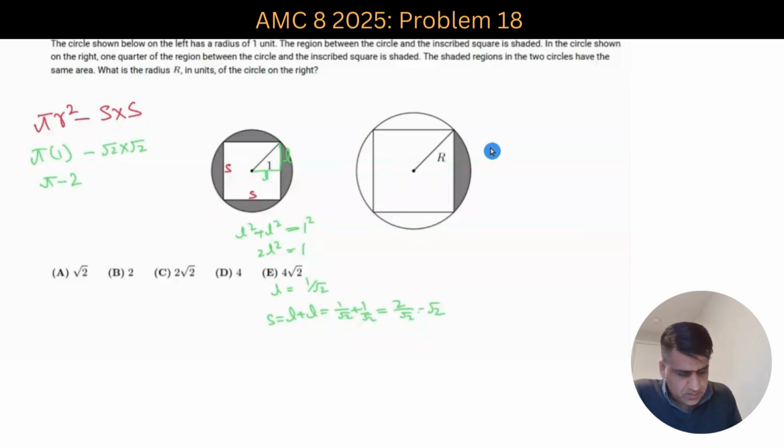So now let's do the same thing for the right hand side. On the right hand side we have pi r square, and then we are subtracting from there this square.